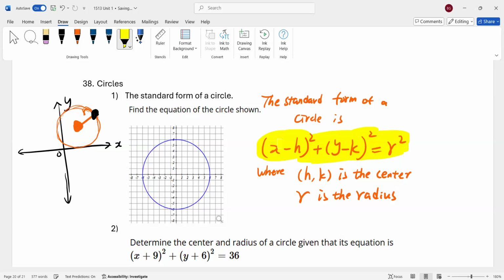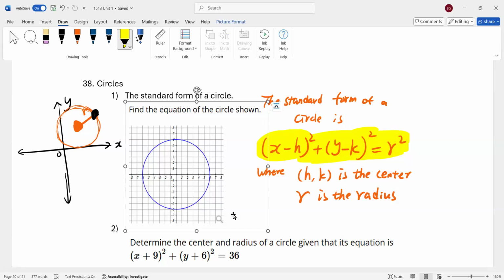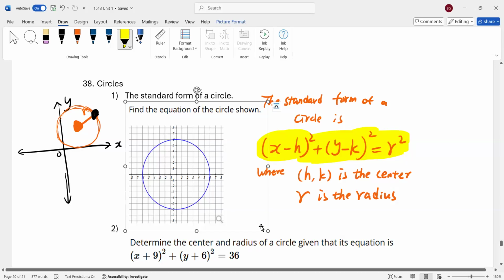Let's look at the first problem in 38. We need to find the equation of the circle below. The circle is shown here, right? Can we see the center of the circle? I think the center of the circle is (0, 0).